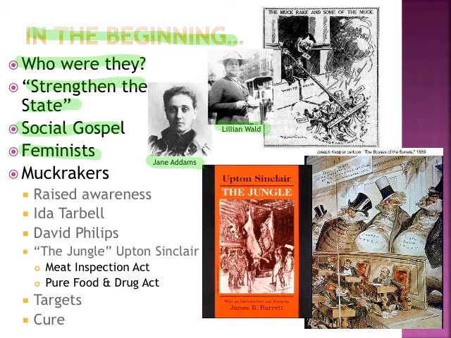These are two progressive reformers. There's Addams, there's Wald, who are also feminists. They had been working for women's rights. When progressivism gets going and picks up steam, they add those causes to their list of needed reforms or changes.